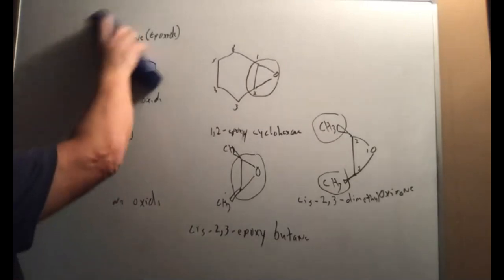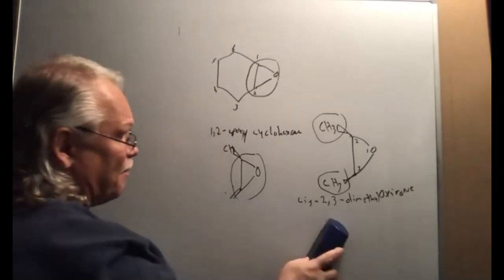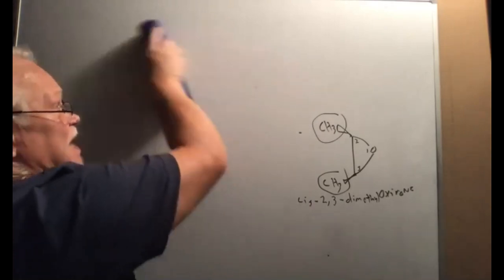Naming it as an oxide, naming it as an epoxy, and naming it as an oxirane. Now that brings us to all the other groups. And there are no trivial names for them. They're all named the systematic way, pretty much. So we said the three-membered ring was called oxirane.